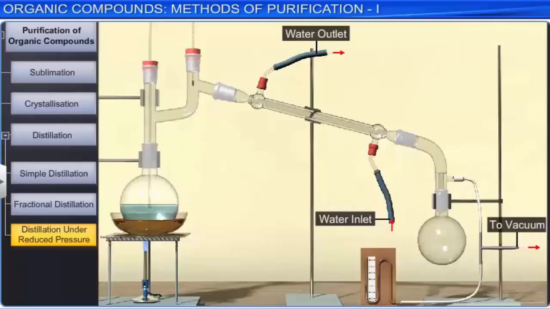In the case of liquids with very high boiling points and liquids that decompose below or at their boiling points, another method called distillation under reduced pressure is used for purification. In this method, the pressure on the liquid is reduced with the help of a water pump or a vacuum pump.